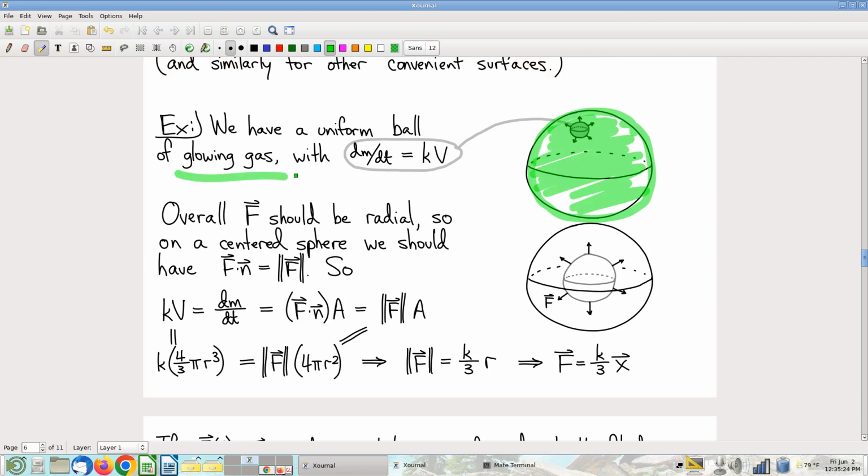And first I'm going to just observe how unbelievably complicated this scenario is. It's ridiculously complicated. After all, there is a little particle of glowing gas right here, and it's emanating photons every which way. But then there is also a particle of gas over here, and it is emanating photons every which way too.